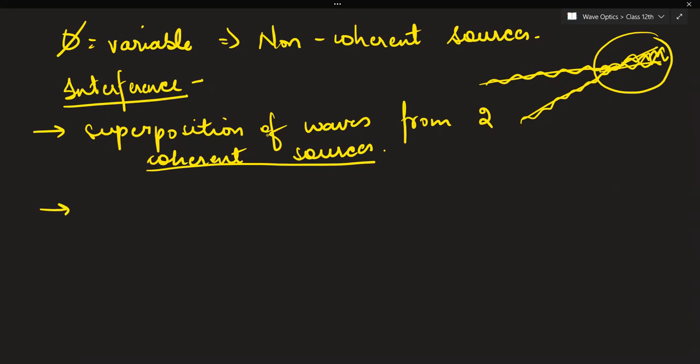It's the phenomenon of redistribution of light energy. How will the light energy redistribute? We will see. Dark bands will form, light bands, which we'll call fringes, will form.